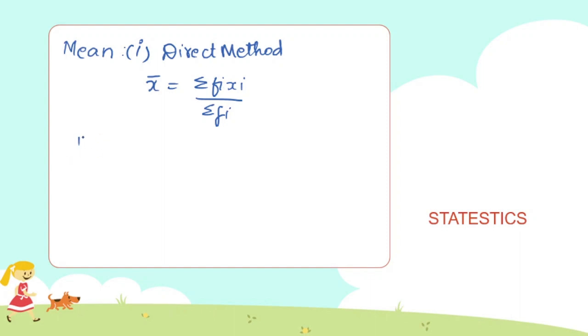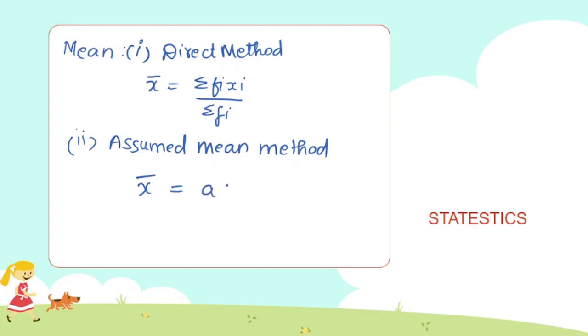Then you will use the assumed mean method. So what is the assumed mean method all about? In the assumed mean method we have x bar is equal to a plus summation of fi di by summation of fi.